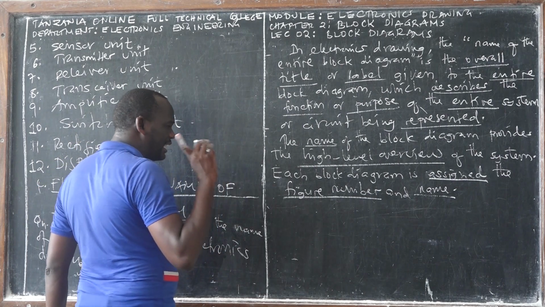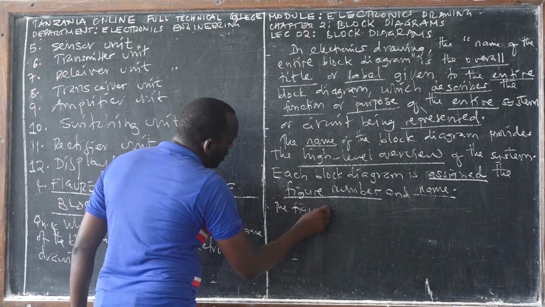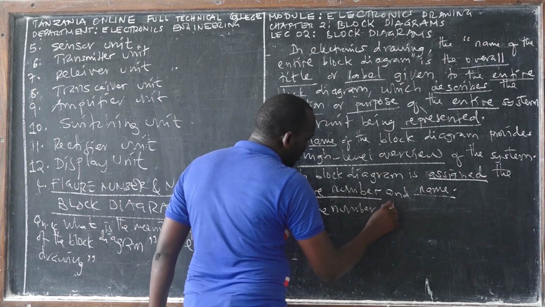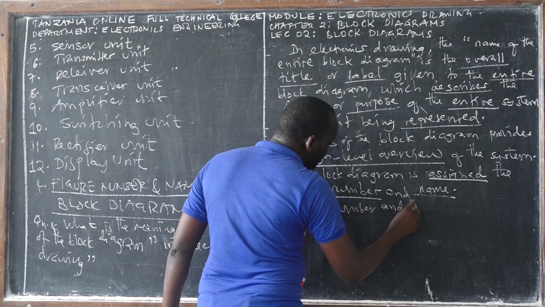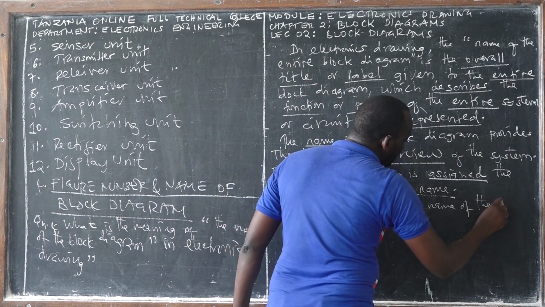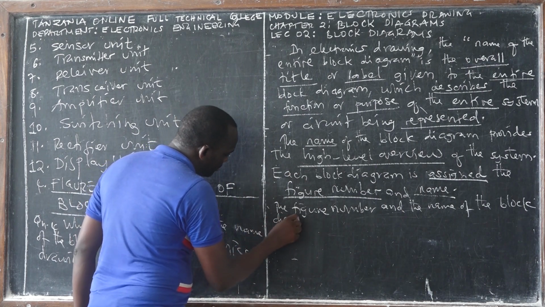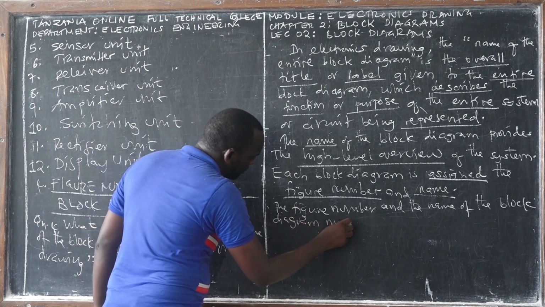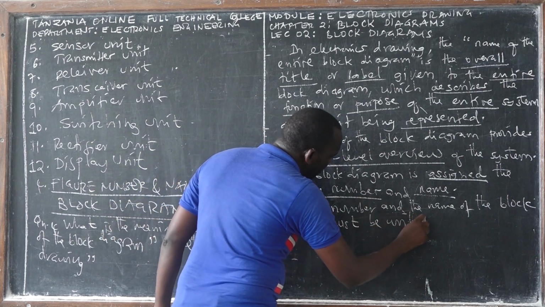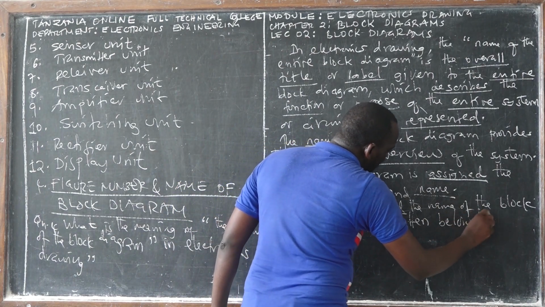Example. And this is another thing that you have to note. The figure number and the name of the block diagram must be written below the block diagram.